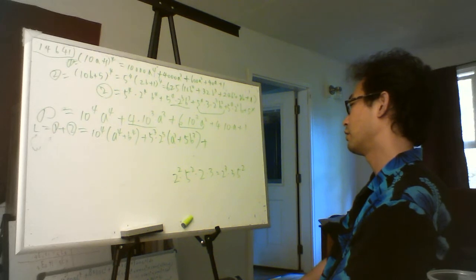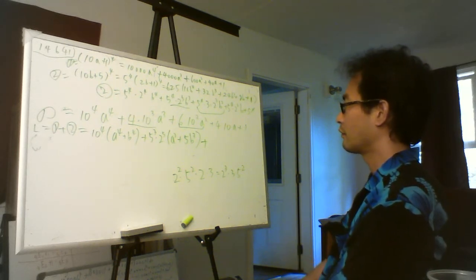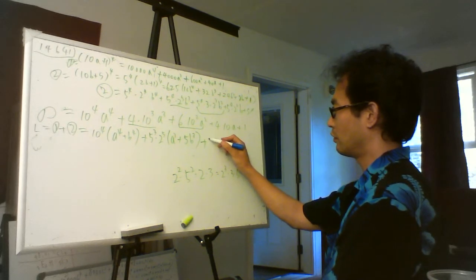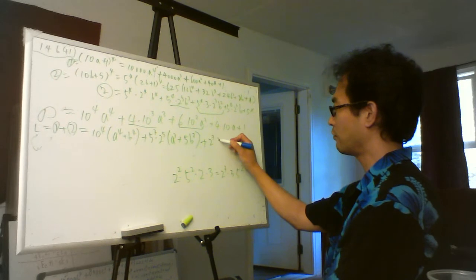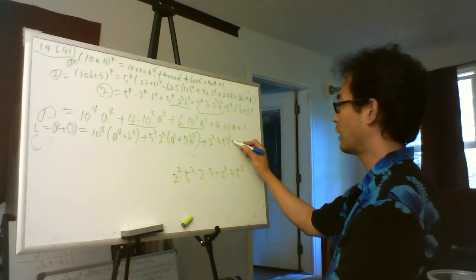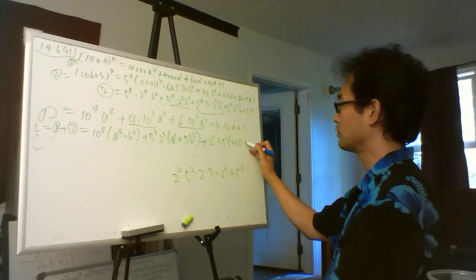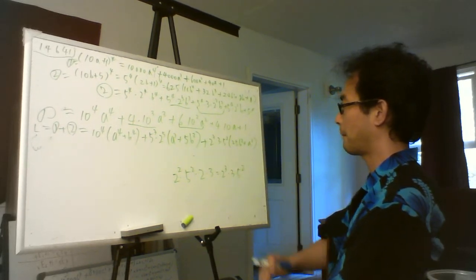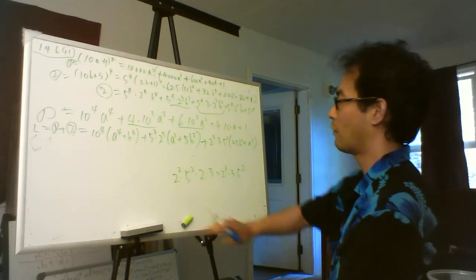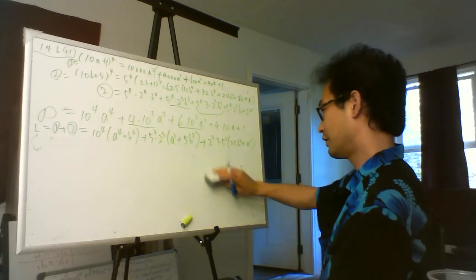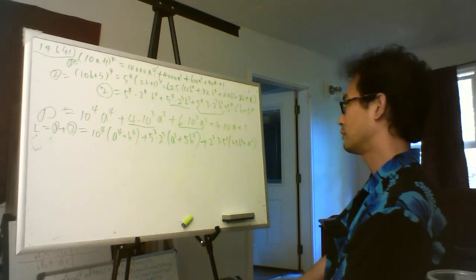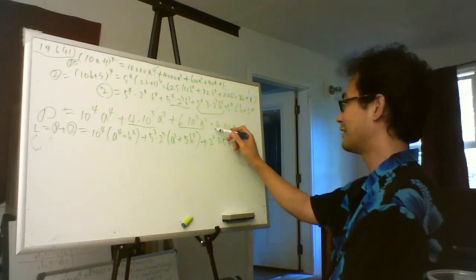What a nightmare. 2 to the third, and then 3, and 5 to the second, and you have 25 b squared plus a squared. We'll review this. If you are not following, don't worry. We'll review this. I'm in pain too. It's not easy for me.